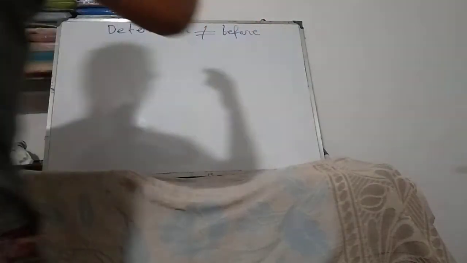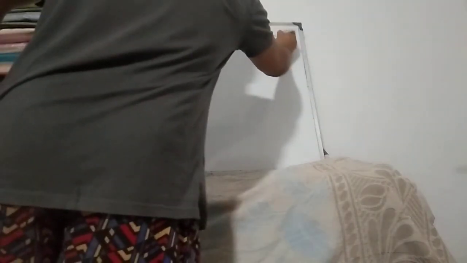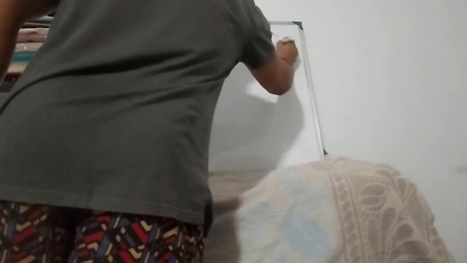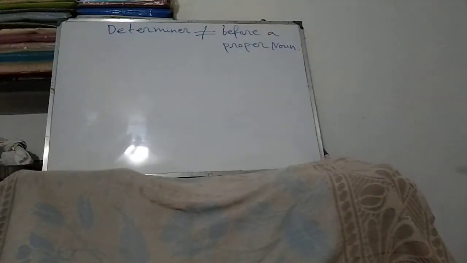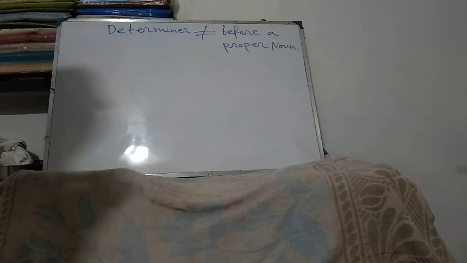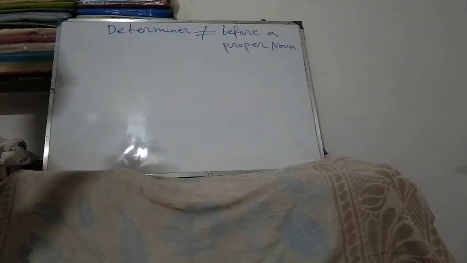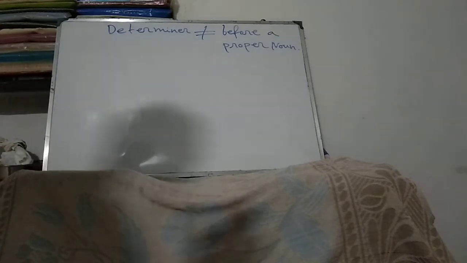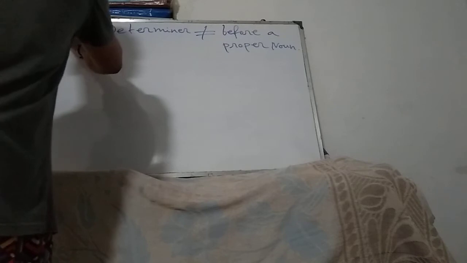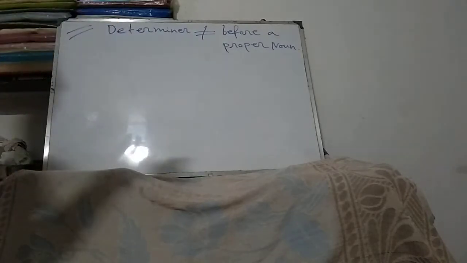before a proper noun. Generally, determiner is not used before a proper noun. But in some special cases, a determiner can also be used before a proper noun. Generally, not used. But in some special cases, it can also be used.